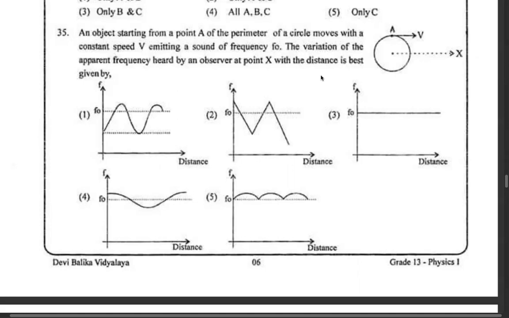The variation of the apparent frequency heard by an observer at point x with the distance is best represented by... With the distance? What do they mean by that? We can plot the graph with time, but what do they mean by distance, people? Confusing, huh?